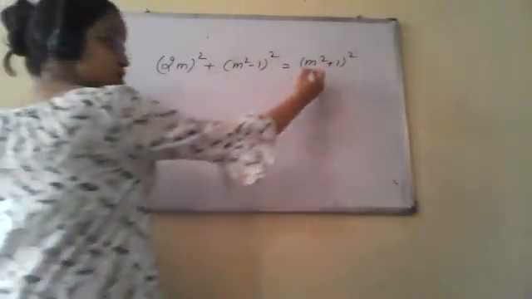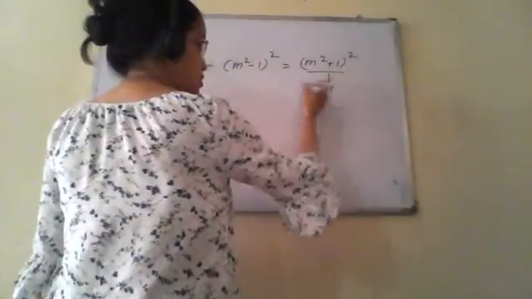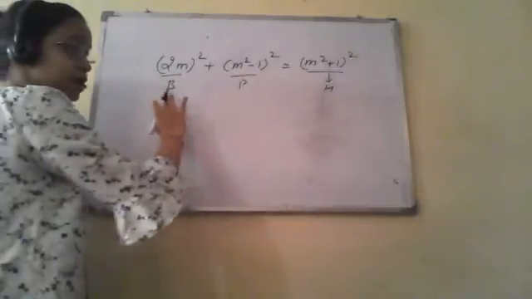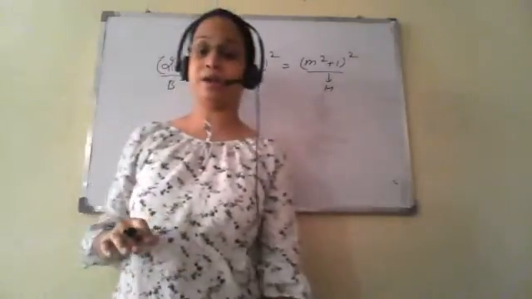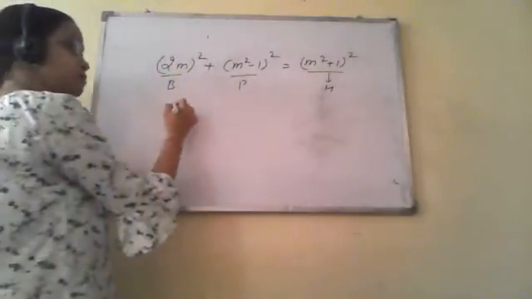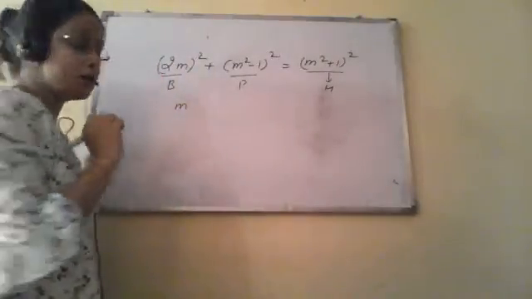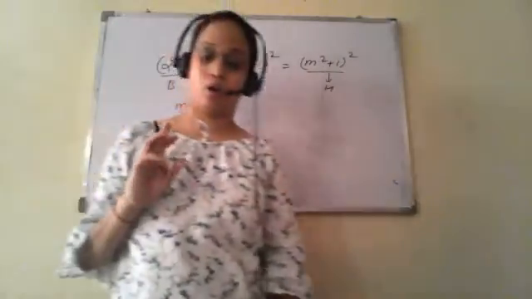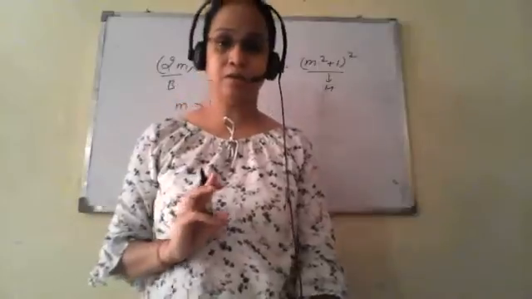So this will represent your hypotenuse. This is either perpendicular or base. One of the things we can take as perpendicular, one we can take as base. Here m is any general number, but m should be greater than 1. m cannot be 1; it should always be greater than 1.